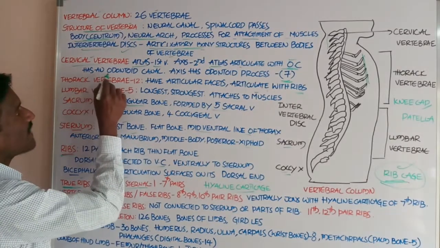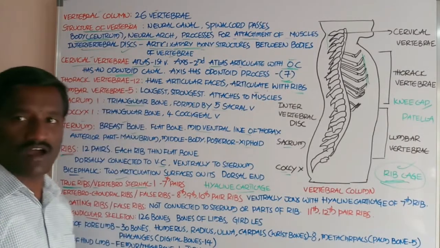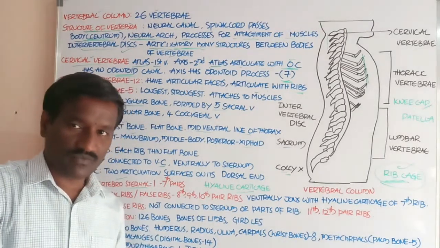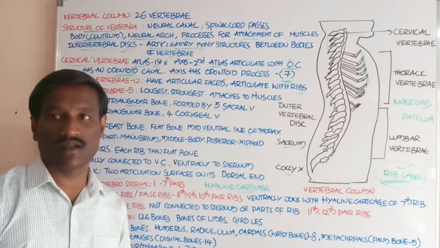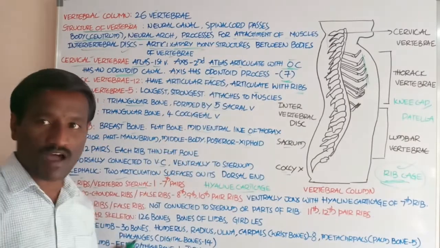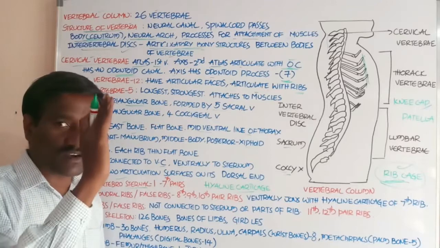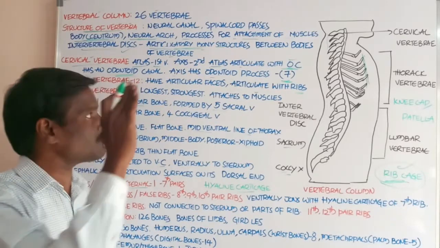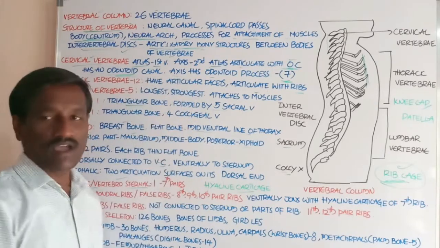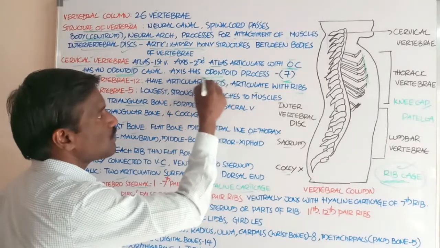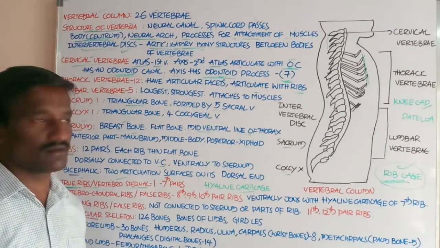The atlas also has a canal-like structure called the odontoid canal, and the axis has the odontoid process. This strong process-like structure arises from the axis.